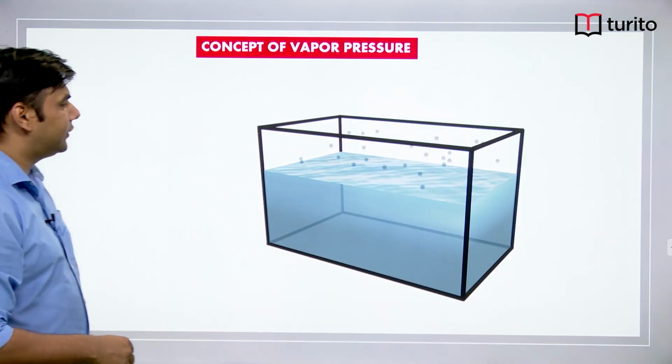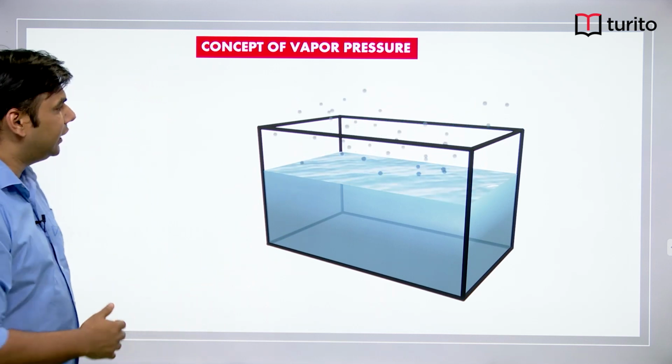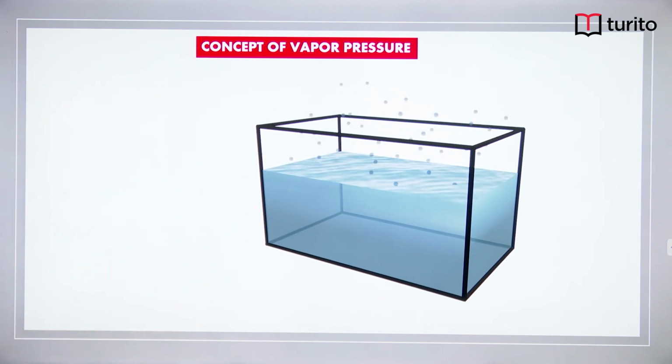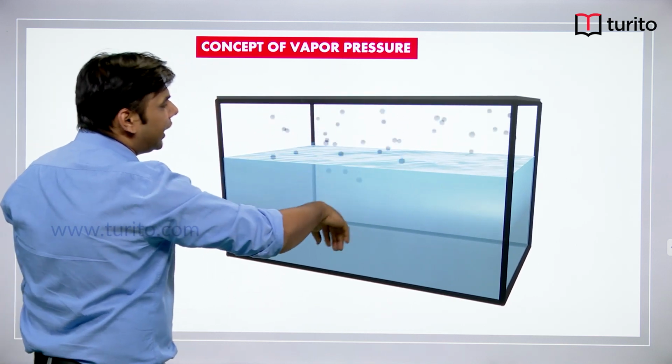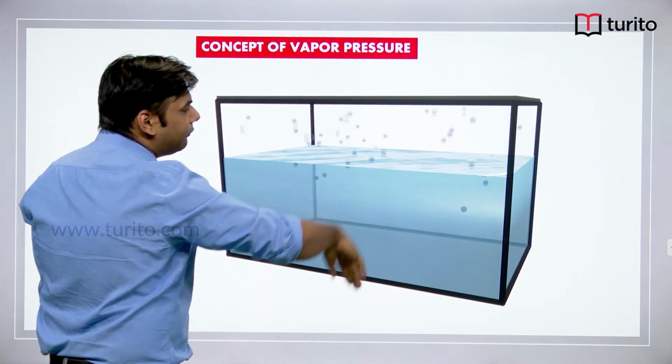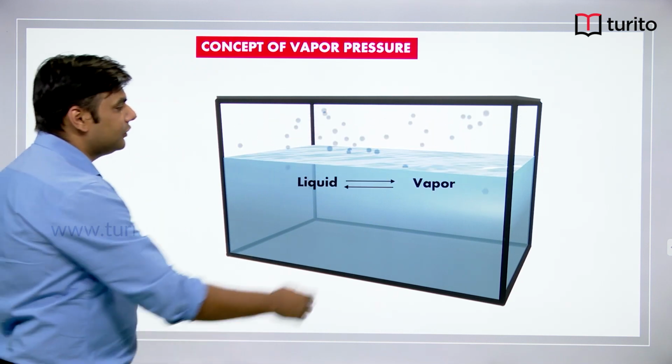Let us look at this. Initially the water molecules were coming out due to evaporation and escaping into the atmosphere. Now we are going to close this. When we close it, the molecules cannot escape, so some molecules will bounce back and enter the solution.